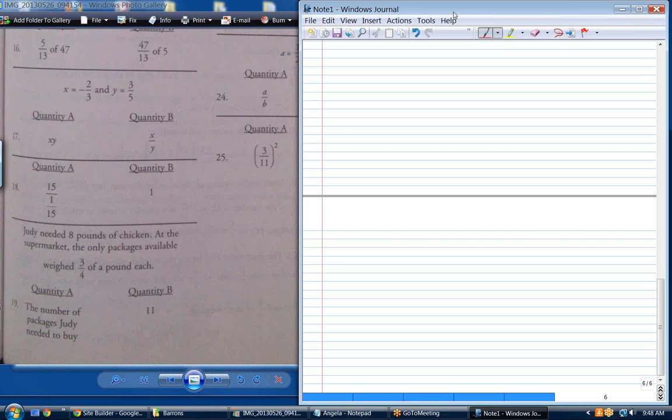Once again, I know this one should be quick, and I'm not getting it quickly. Well, how are we going to figure out how many packages she needs to buy? Take the amount of chicken, and if it's useful to use the units, do it.